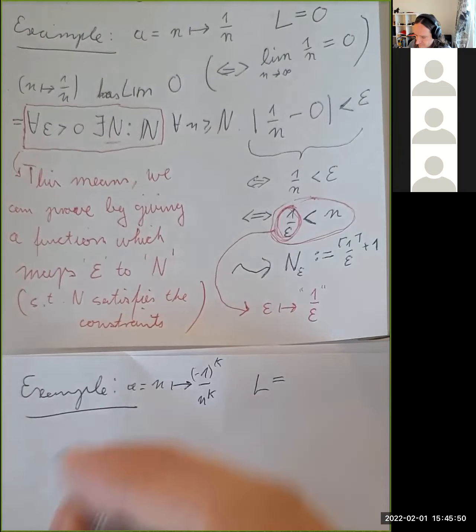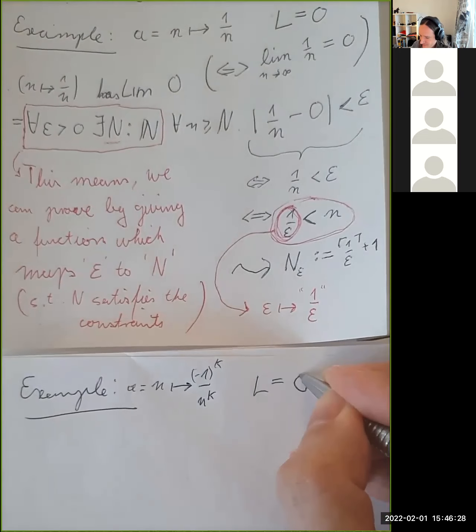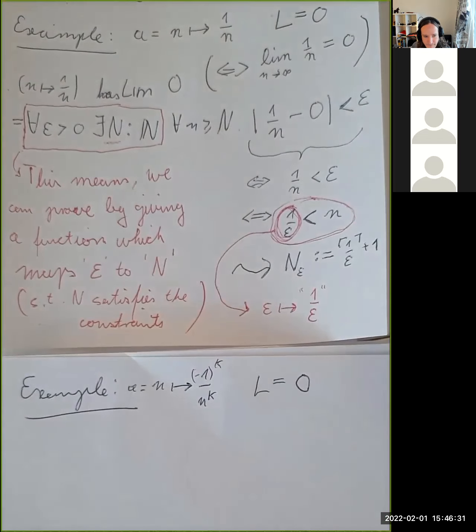So k is some fixed natural number. Yes, 0 as well, thanks. Oh, if k is larger than 0. That's correct.